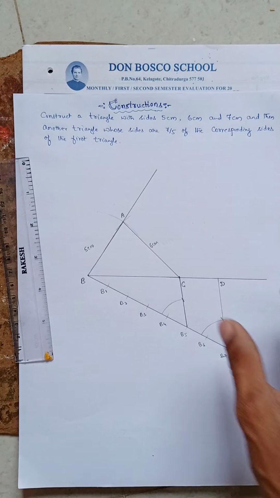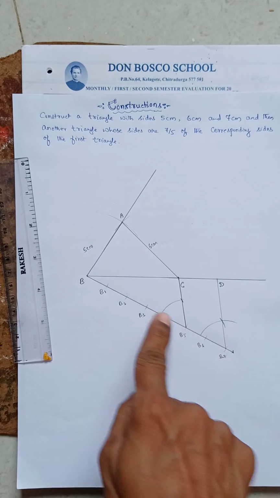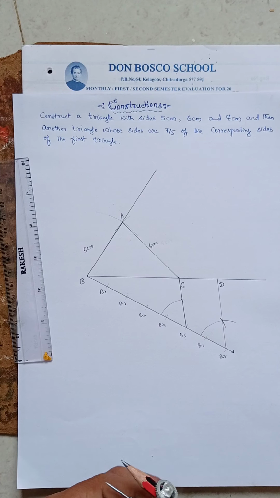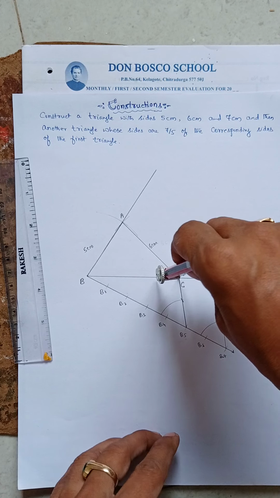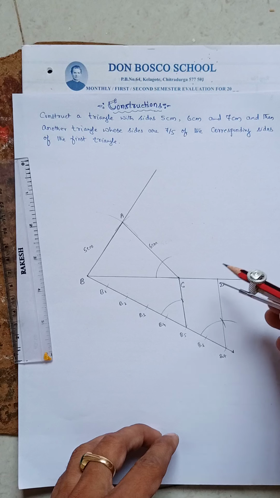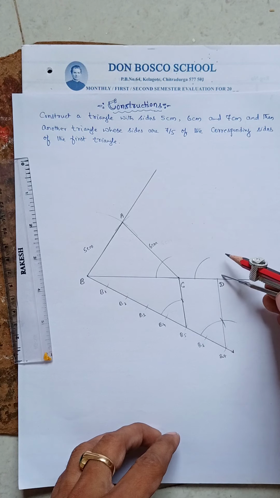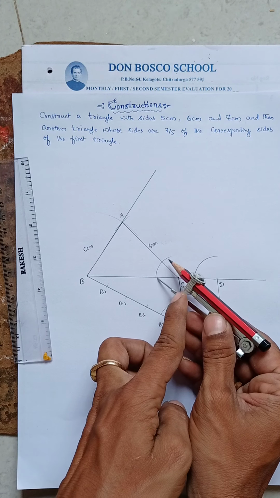Now we have to draw a parallel, therefore you proceed with the same procedure we did here. Take some length of arc here. With C as center take an arc, and with D as center take an arc. Now take the length of this arc.